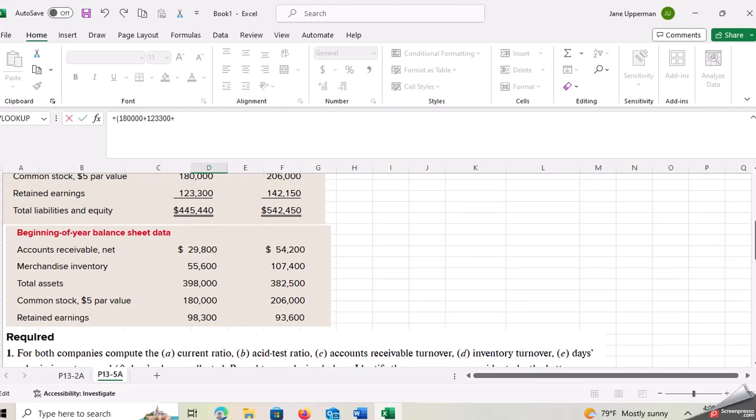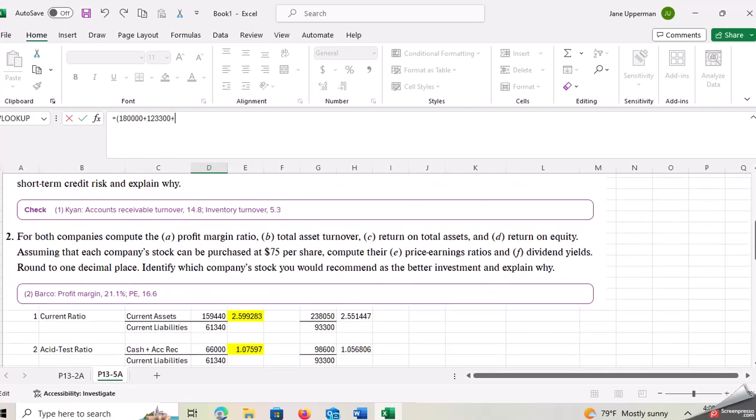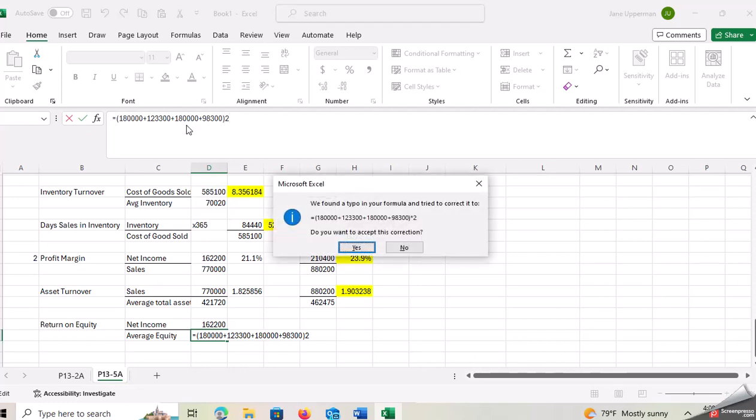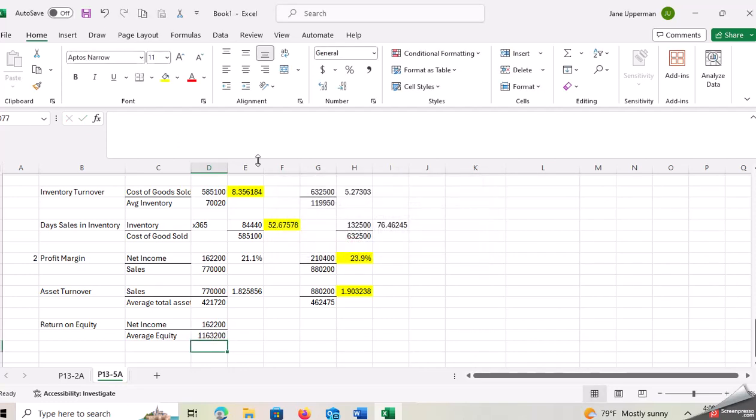So those are 180,000 and then 98,300. And then just still divide by 2, because even though it's 4 numbers, these two added together are the total equity at the end of the year. These two added together are the total equity at the beginning of the year. So we're still going to divide by 2.